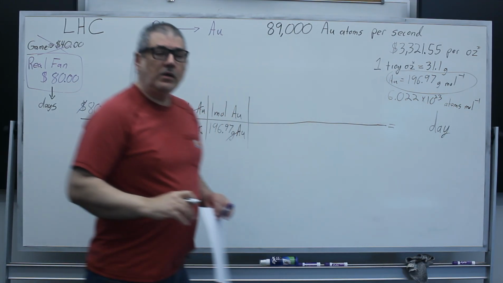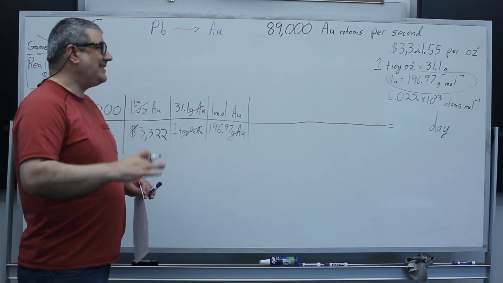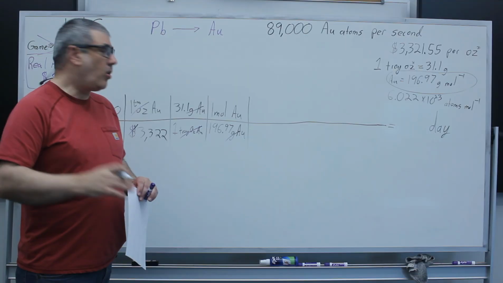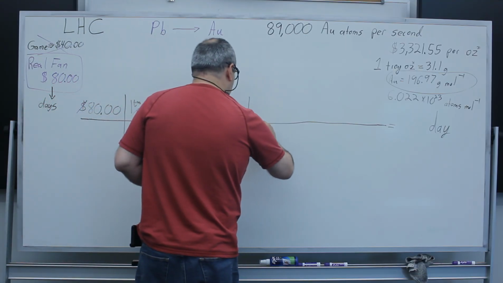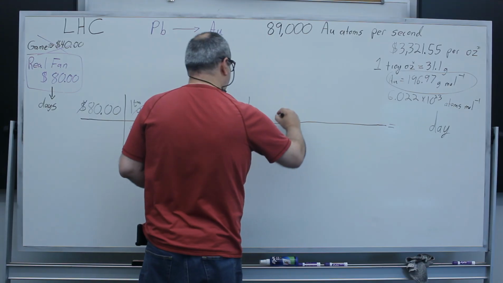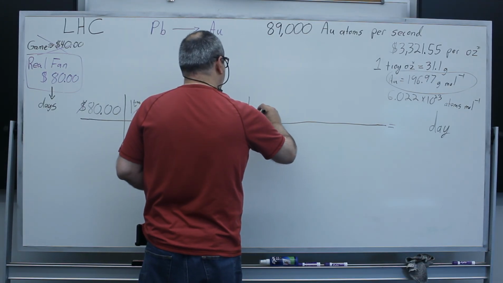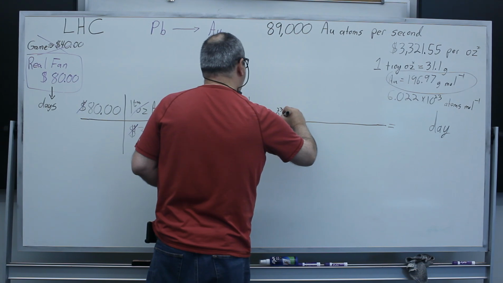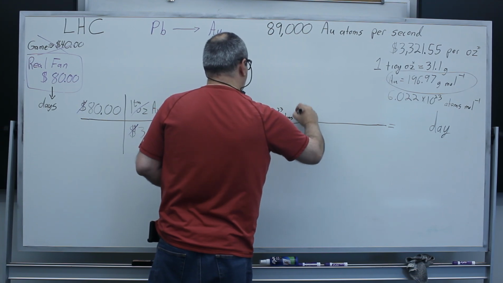We define 1 mole as 6.022 times 10 to the 23rd atoms per mole. So 1 mole of gold is 6.022 times 10 to the 23rd atoms of gold.